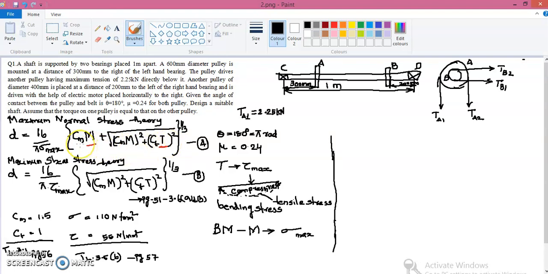Now the unknowns, that is CM, the combined shock and fatigue factor for bending, and CT, the combined shock and fatigue factor for torque, and the normal stress sigma and the shear stress can be found from this data book.